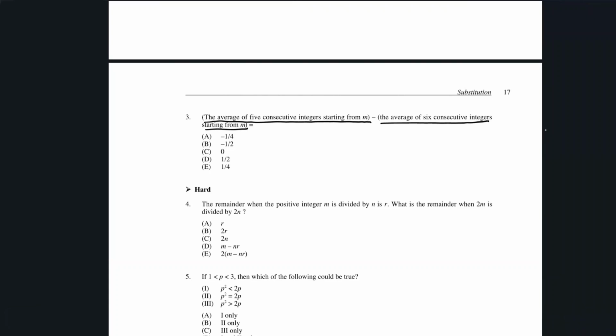If we take the 5 consecutive integers starting from m, we should have m. Then to calculate the average, we take m plus 1, then m plus 2, then m plus 3, and the last number should be m plus 4.